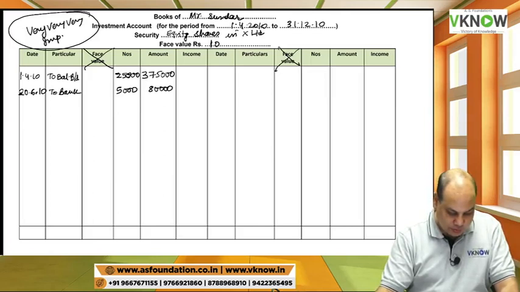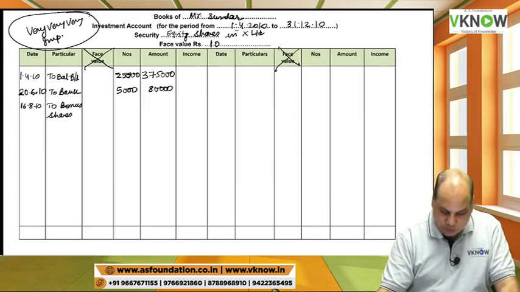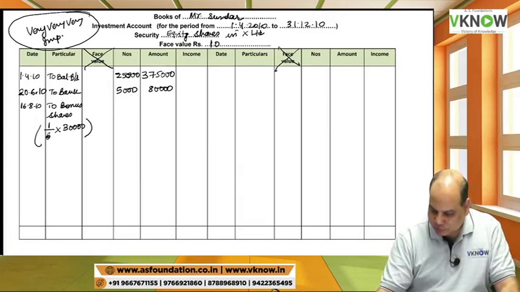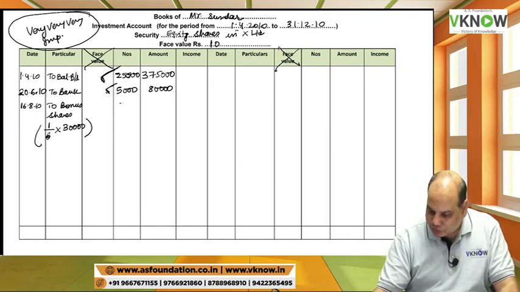Then on 16th August 10, bonus shares were received, 2 bonus shares for every 6, into 30,000 shares. Which 30,000? This 25,000 and this 5,000, total 30,000. So 5,000 bonus shares, cost is 0.